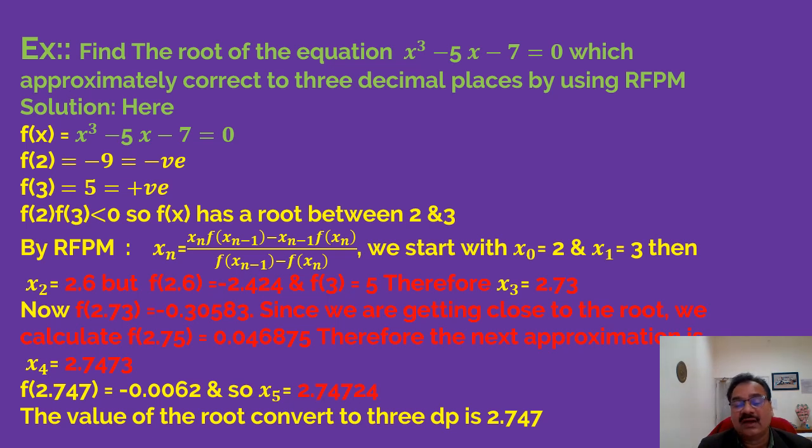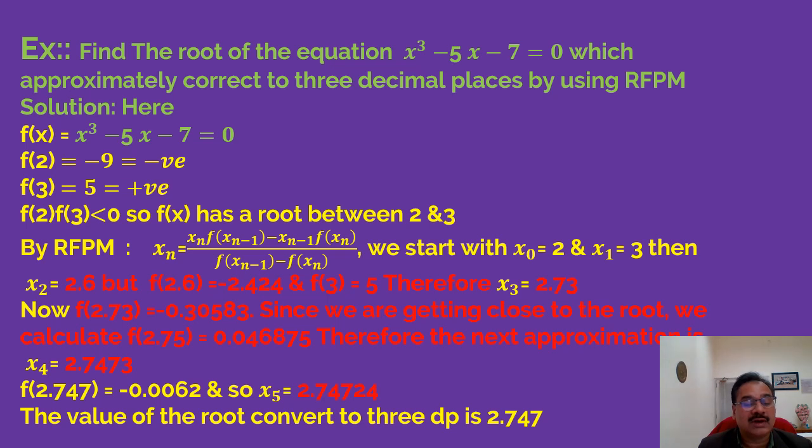It means, if f3 is 5, then you can calculate x3 equal to 2.73 by using this formula again. It means f of 2.73 is negative, minus 0.30. You look, this value is far, but this value is more closer to 0. Since we are getting close to the root, closer to 0 means closer to the root.